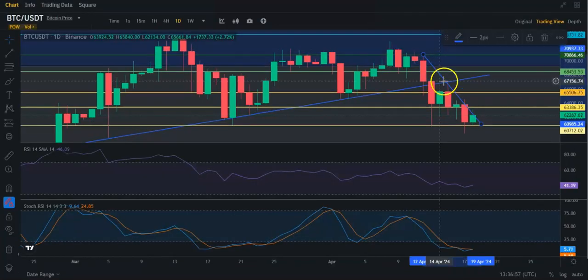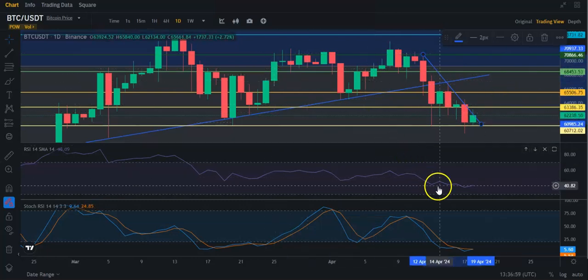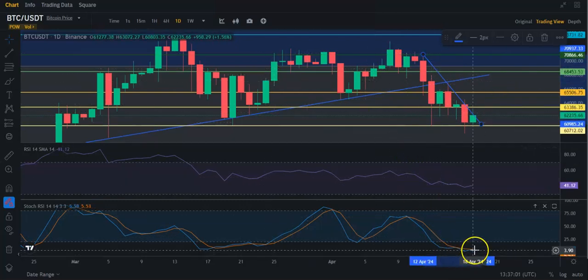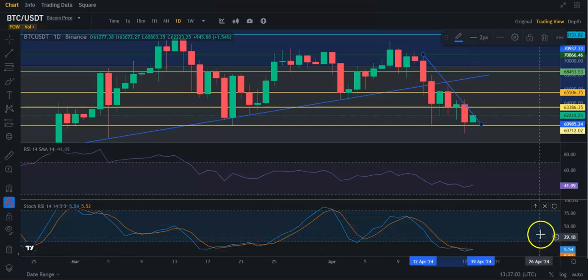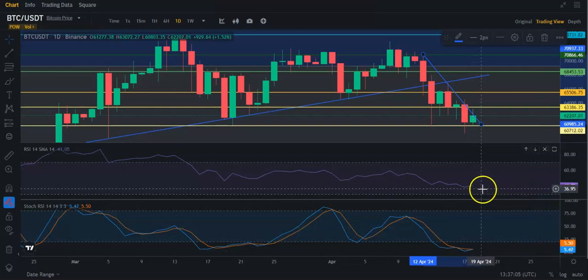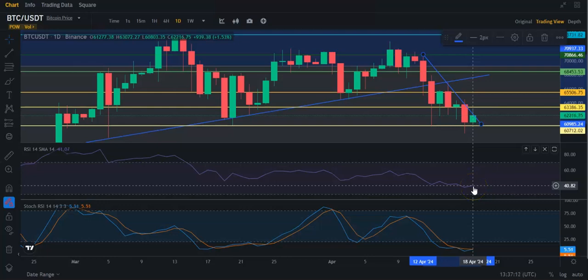Now, as to Bitcoin, again, this is on the daily. Yeah, the Stoch RSI is extremely low, and the RSI is at a fairly low point too. So I believe we've pretty much seen the end of this dump. I hope so, at least.